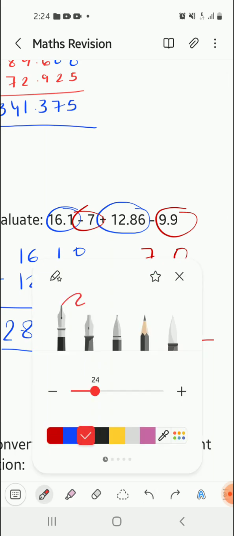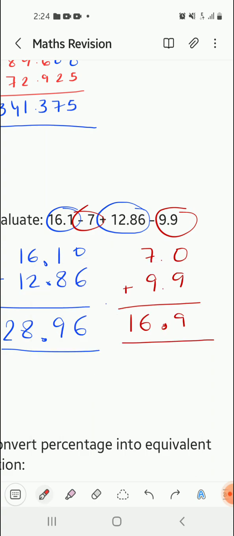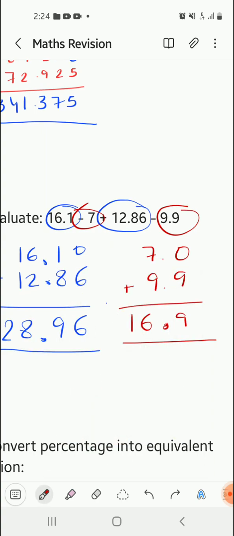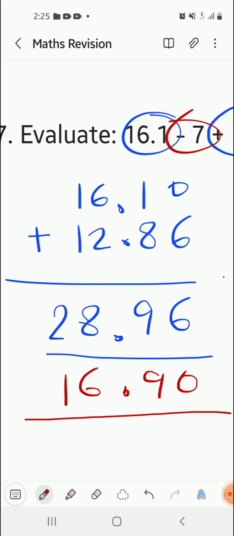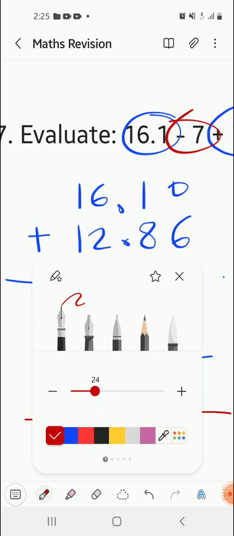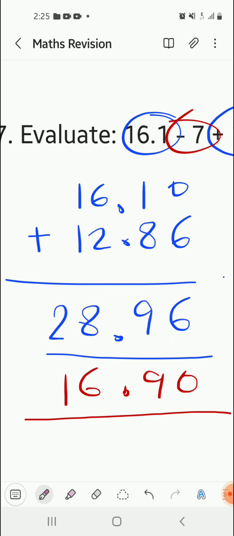So let's do it. We are going to write 16.9 here. So 16, and right after the decimal place you have got this 0.9. You can also insert a 0 here for simplicity. And now we're going to simply find the difference. Subtract.